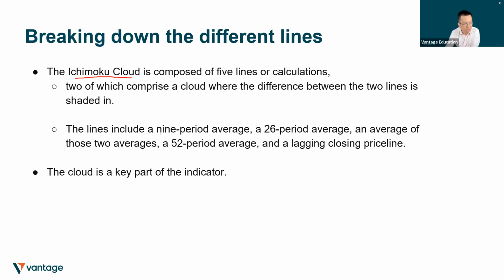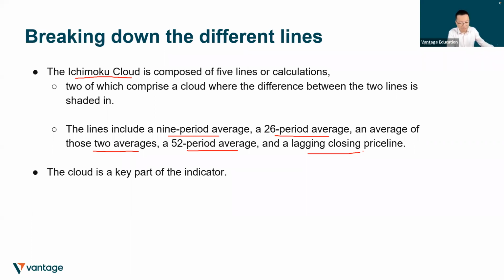And these lines include a 9-period average, a 26-period average, an average of those 2 averages, a 52-period average, and a lagging close price line. So 5 lines there: 9-period, 26, average of those 2, 52-period, and a lagging close price line.